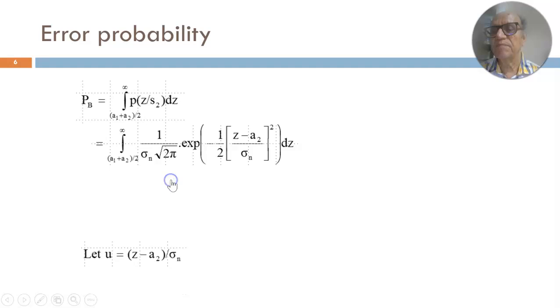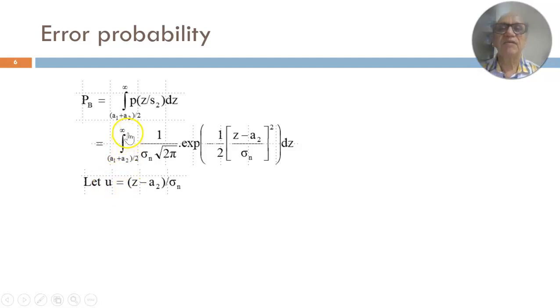So we make a change of variable and define a new variable u equal to (z minus a2) divided by sigma n. Clearly the exponent will become minus u squared by 2. When you substitute this, you can calculate the lower limit, which changes and will be in terms of u. This calculation is easy. When z is infinity, u is also infinity, so the upper limit will not change.